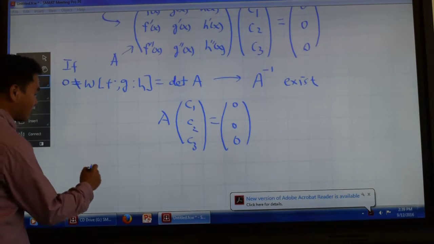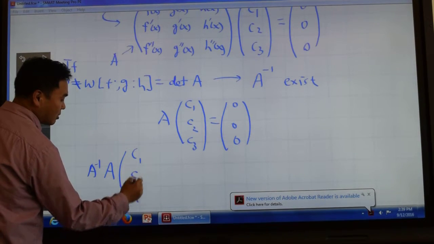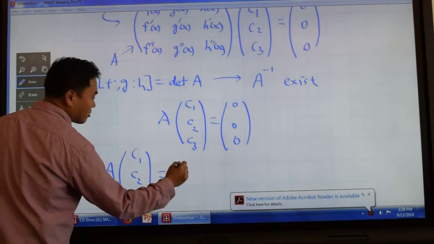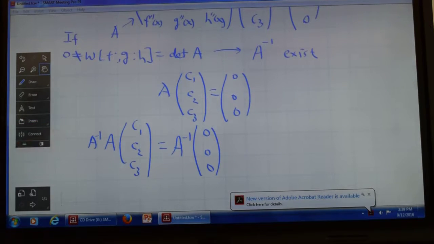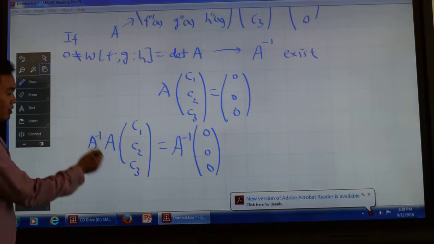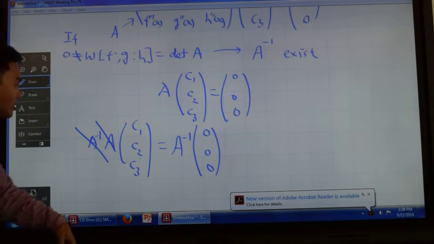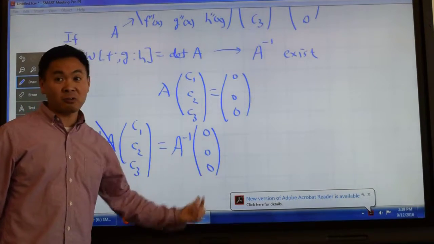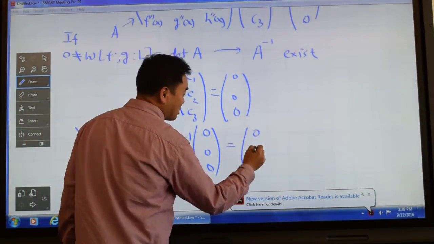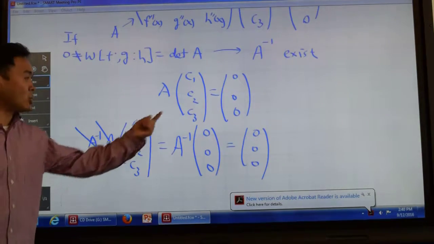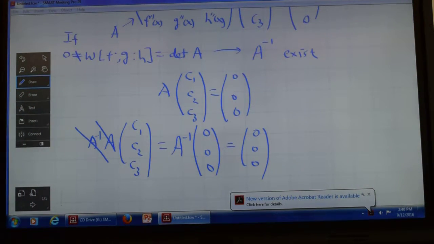So I have A inverse times A times C1, C2, C3 equal to A inverse times 0, 0, 0. What's A inverse times A? They cancel. It's the identity matrix. What's any matrix times 0, 0, 0? 0, 0, 0. So what did we just prove? We proved that C1 is 0, C2 is 0, C3 is 0. So that's how the Wronskian works. Okay.